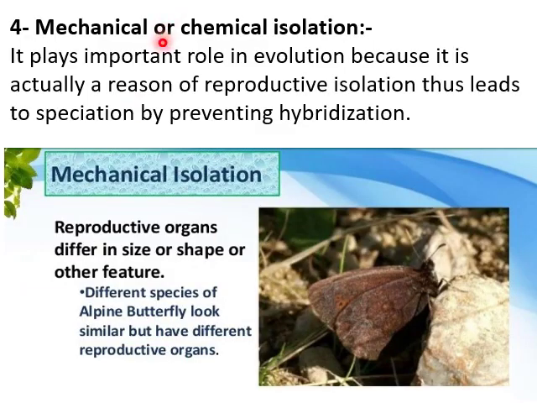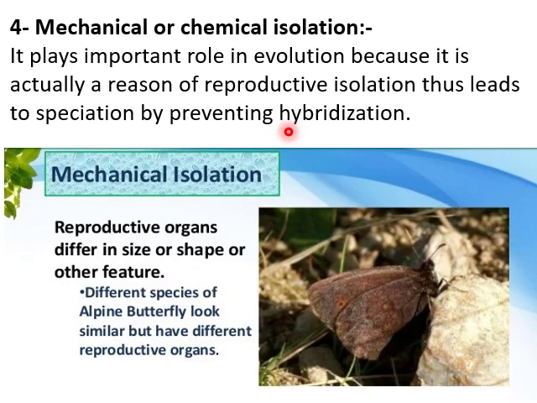And the third isolating mechanism is called mechanical or chemical isolation. This is a very important isolation of the post-zygotic mechanism. It plays an important role in evolution because it is actually a reason for reproductive isolation, thus leading to speciation by preventing hybridization.